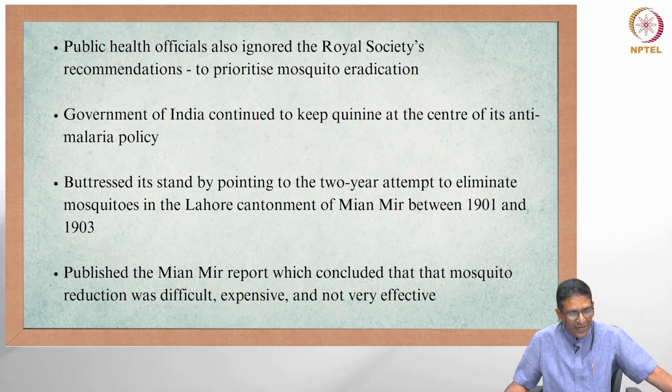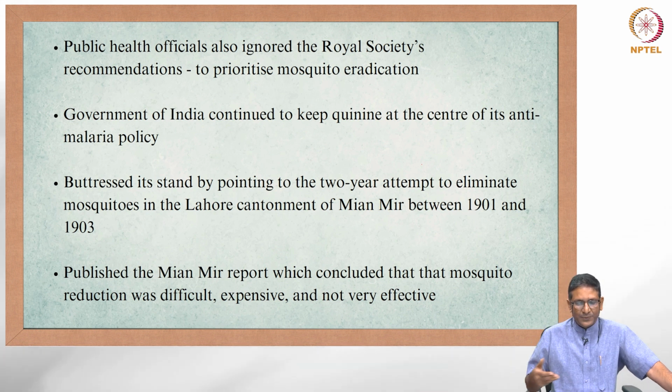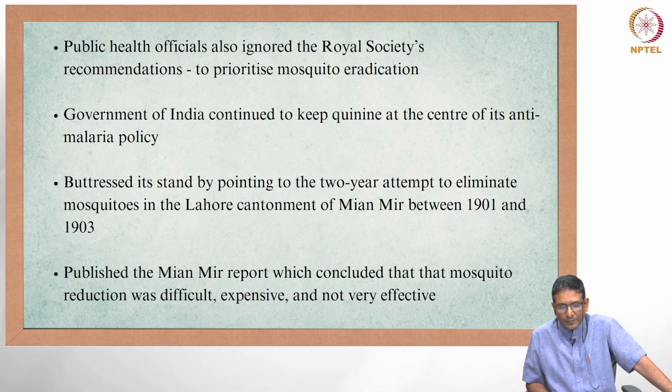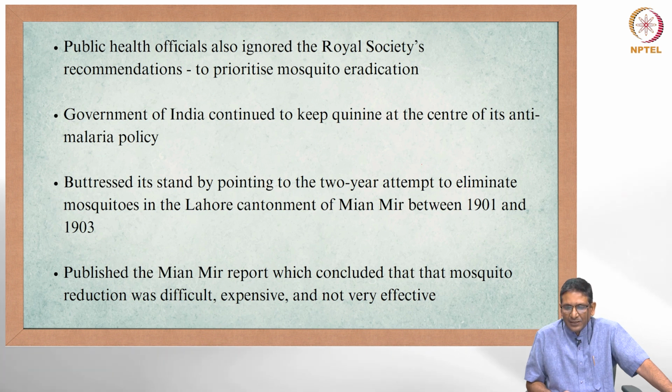And to support their stand, they brought in the case of an interesting experiment which happened in a cantonment in Lahore. In that military cantonment, they had tried what the Royal Society or people like Ronald Ross were suggesting, which is mosquito eradication and the kinds of sanitary measures related to that.